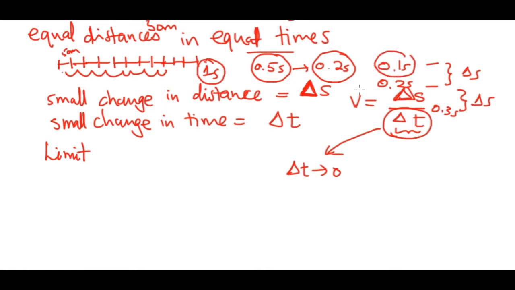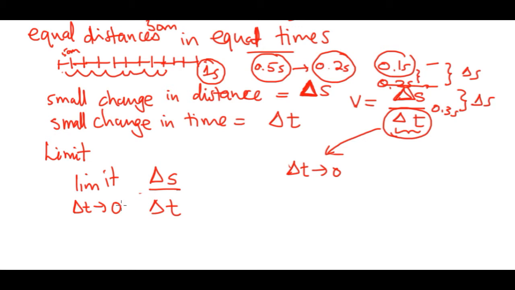So if I keep pushing it down to consider very, very small changes in T, I do something called a limit. So I'm going to say limit, as I push my delta T towards 0, I'm going to consider the limit of this thing now.